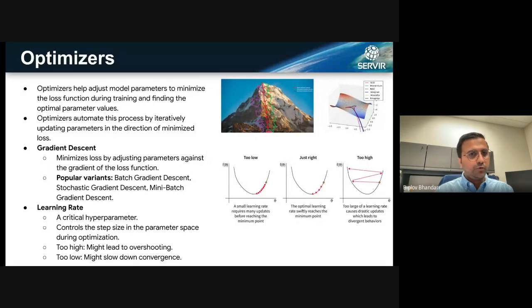You need to move in the opposite direction of the gradient, and optimizers come into play in that aspect. When the network is back propagating, they will iteratively update your parameters based on that minimized loss.